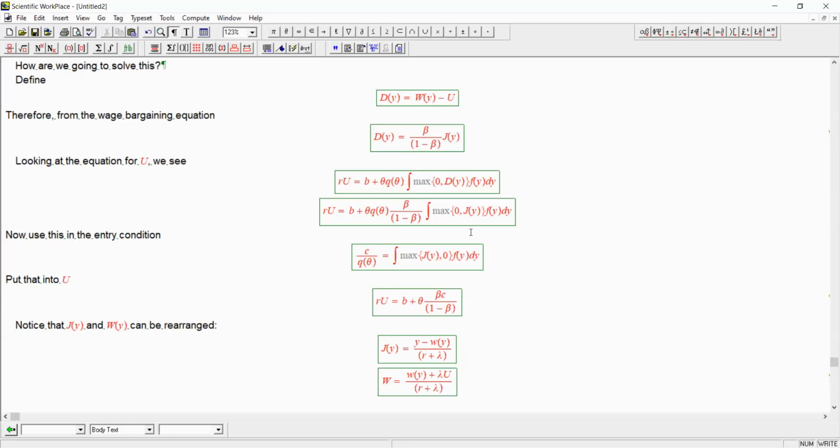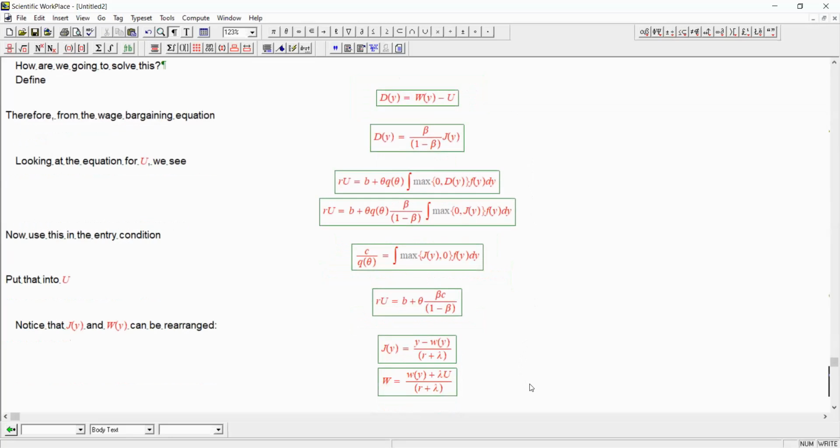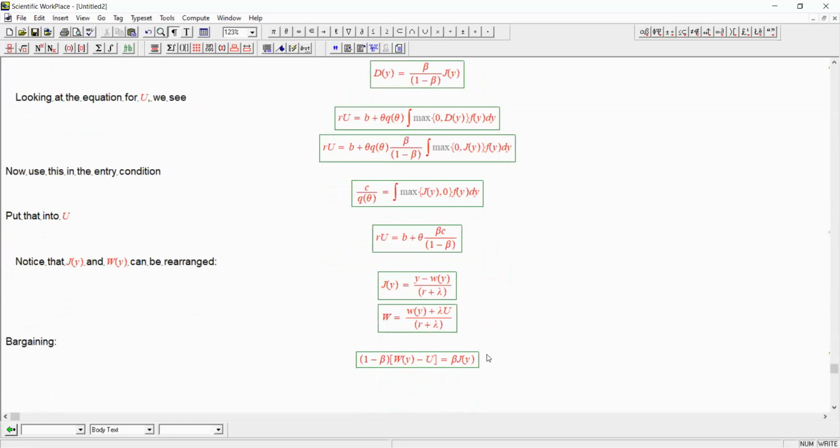Plug this into our bargaining equation, which is here. And what do we get? We get this equation that again is eliminating everything that's a function here except for the wage.